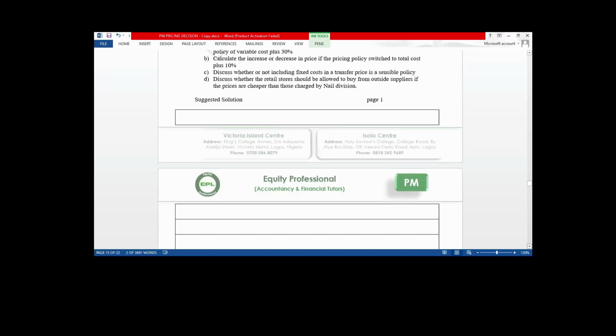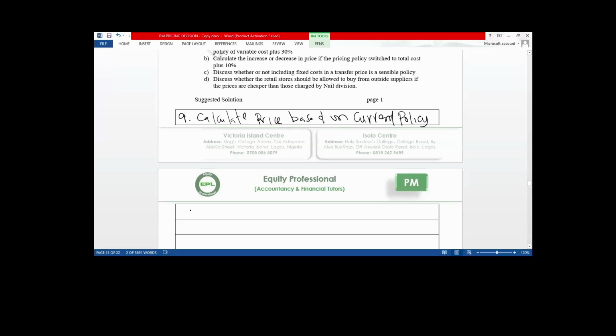You come here, the first method. A part of this question. A. Calculate price based on current policy. The current policy is variable cost plus.